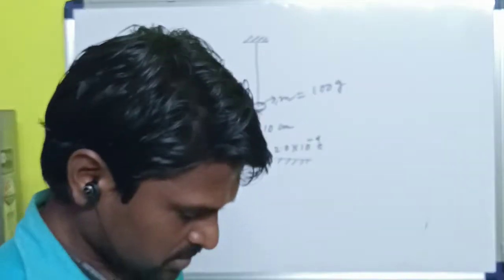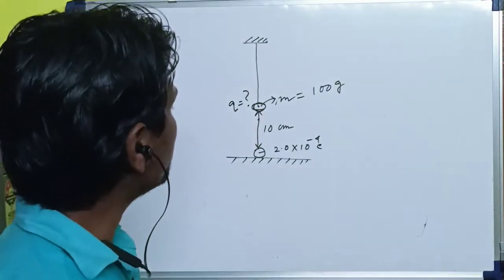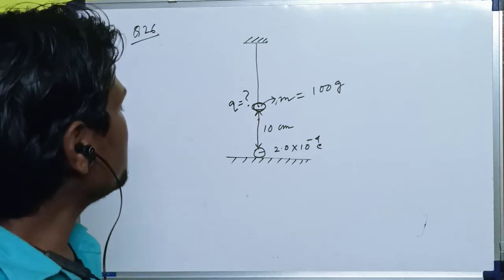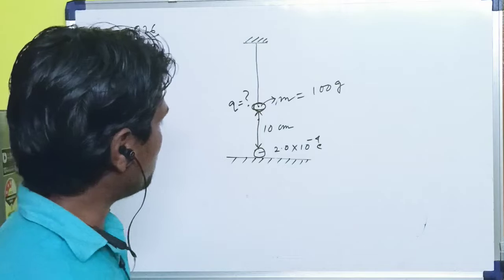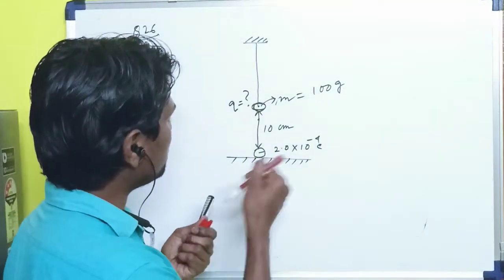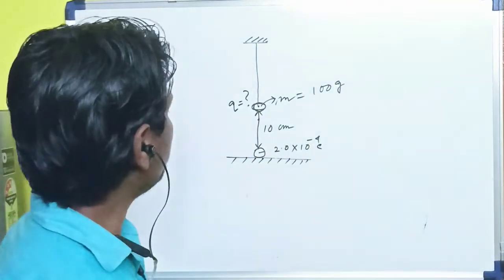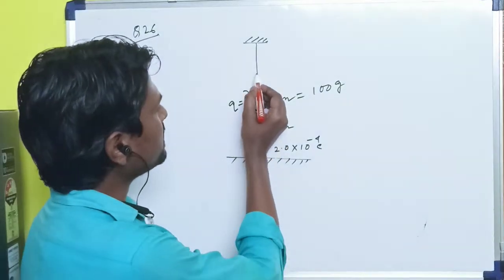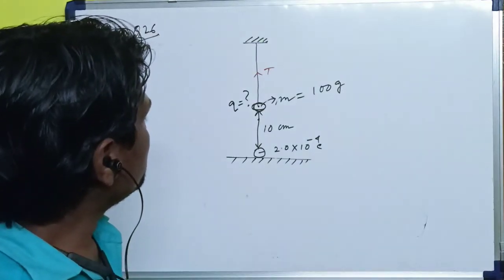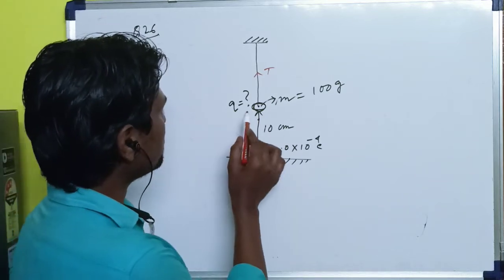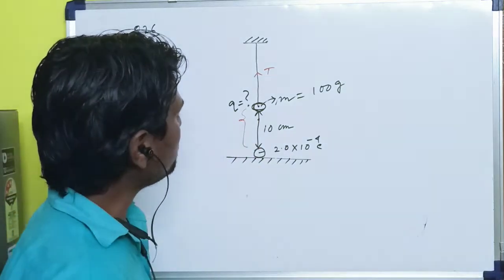So why is the string loosened? It is easy, because when these charged particles repel each other, then the string is loosened. So it is a basic problem.